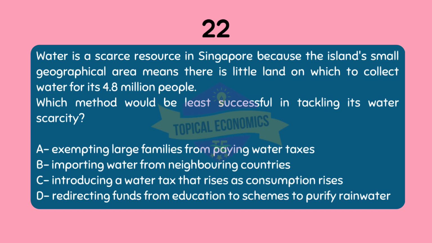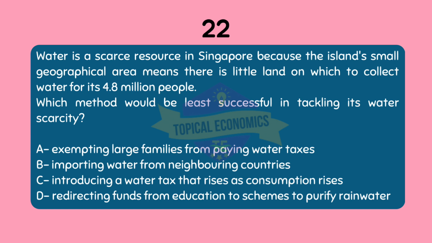C. Introducing a water tax that rises as consumption rises. D. Redirecting funds from education to schemes to purify rainwater. This question is from year 2015 May-June version 3 paper. The correct answer for this question is Option A, exempting large families from paying water taxes.